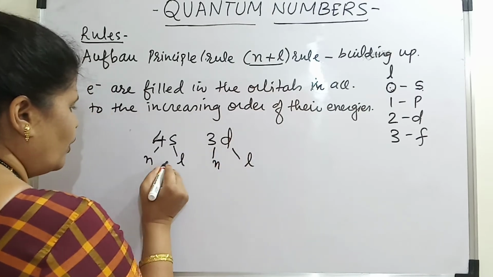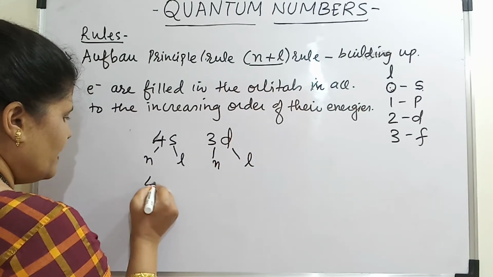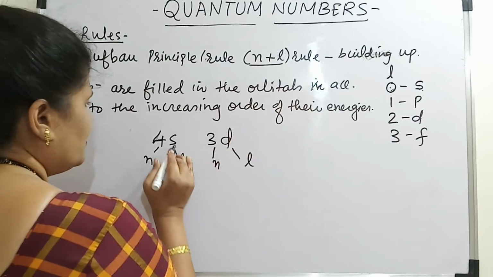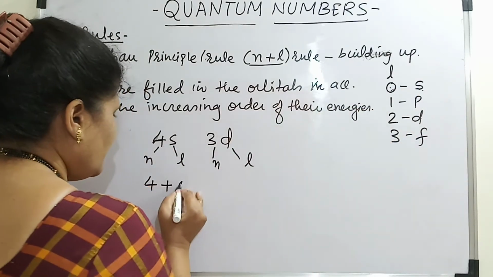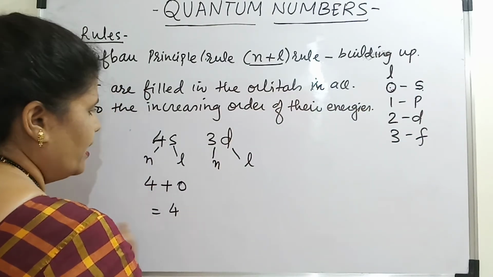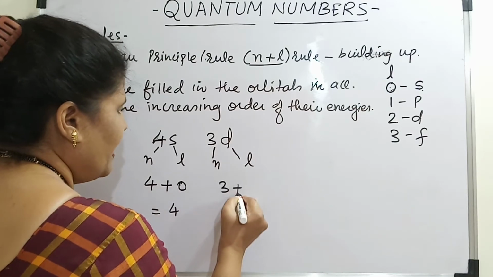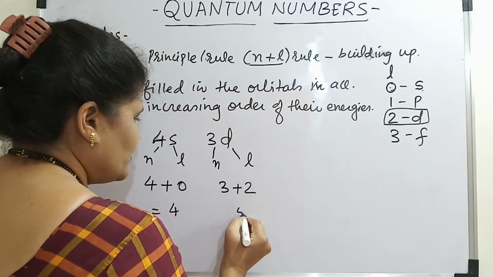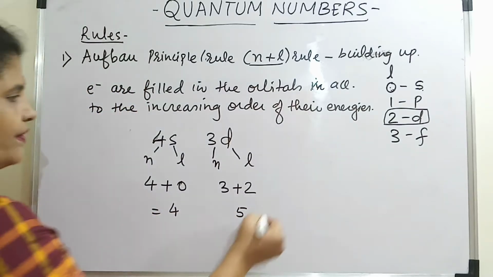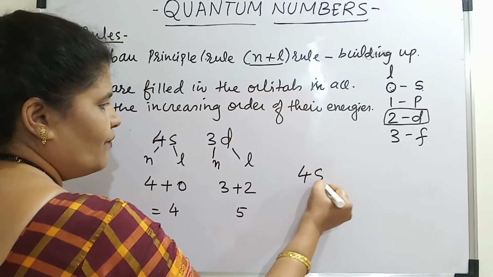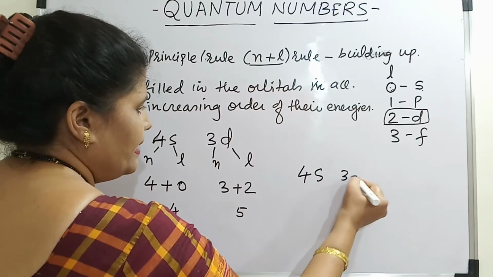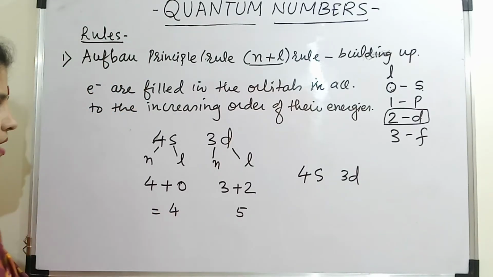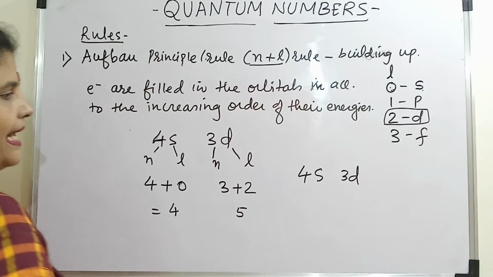Let us make a total of n plus l. For 4s it will be 4 plus 0, so the total is 4. For 3d it is 3 plus 2, since the value for d is 2, so this comes out to 5. Therefore, students, I must fill electrons in 4s first and then in 3d. So your sequence will be 4s first and then 3d.